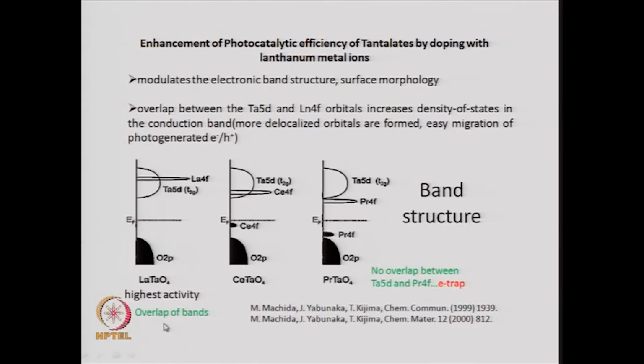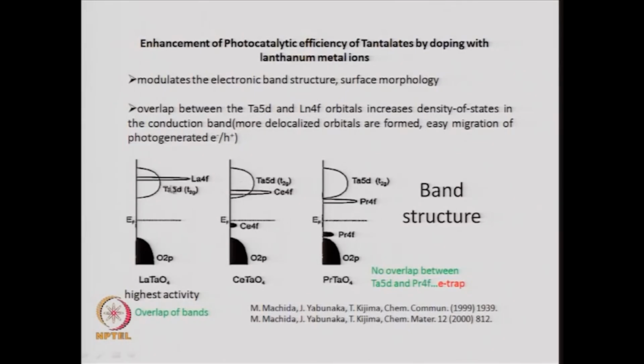So, there is excellent overlap of the lanthanum 4f and tantalum 5d bands, and good overlap of these bands increases the activity of the catalyst. That is the case shown here, where the highest activity is reported because it has excellent overlap of the lanthanum and tantalum orbitals and bands.